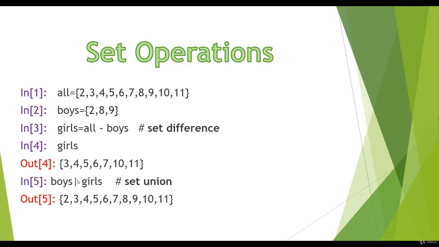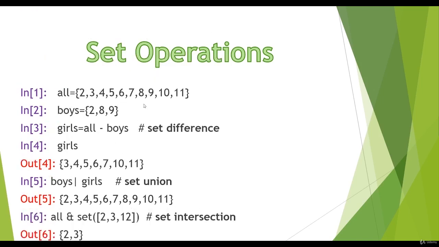Now this vertical line is used for set union, boys and girls, and all gives the set of all. Set intersection: all and a set of elements 2, 3, 12. Now common elements are 2 and 3, so the output is a set of 2 and 3.